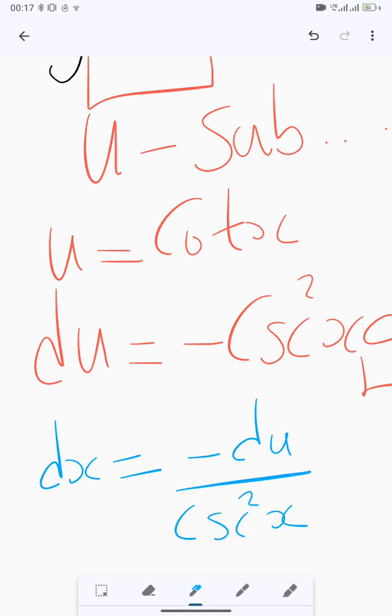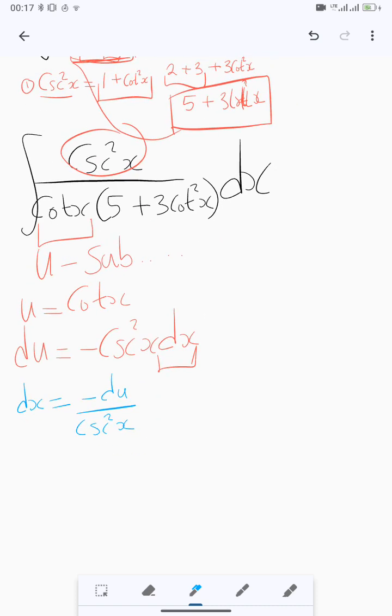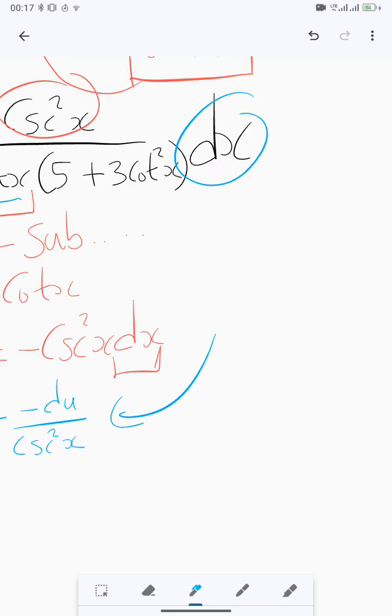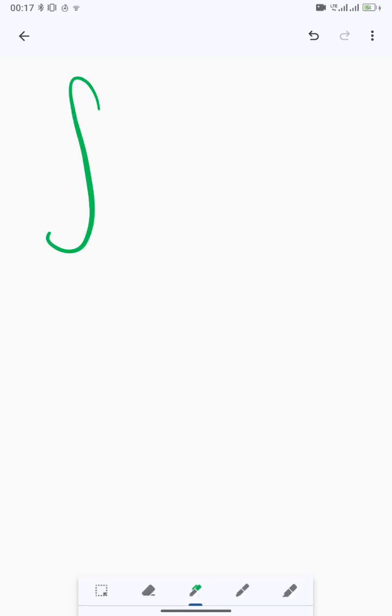So now, from here I have to replace cot x with u, and then dx with whatever dx is, and then I will be having this type of question. Let me pick maybe a green marker. I'm just rewriting the question.